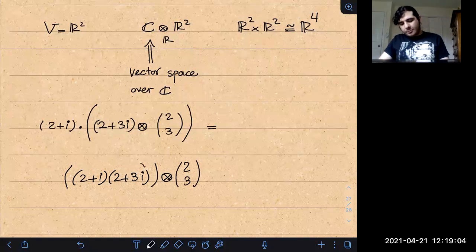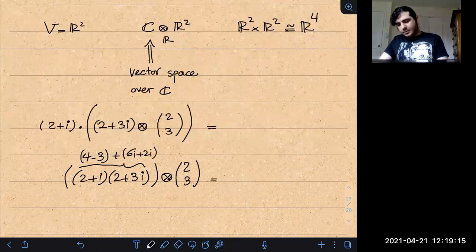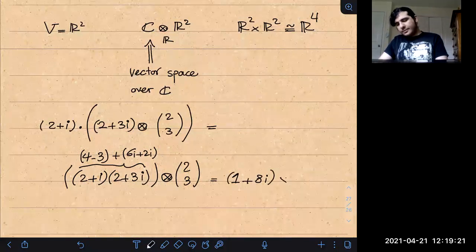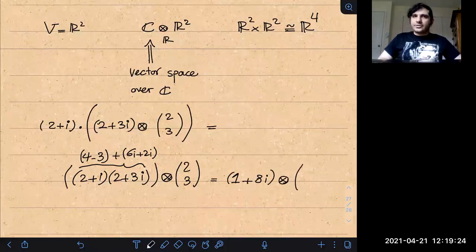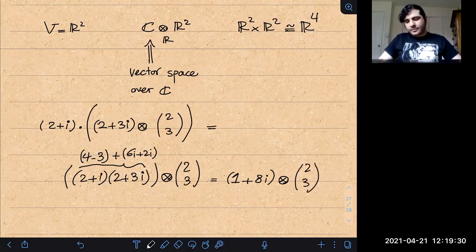This would be 4 minus 3, which is 1, plus 6i plus 2i. So this thing is equal to 1 plus 8i tensor 2 and 3. So I can just define the scalar multiplication with elements in C.